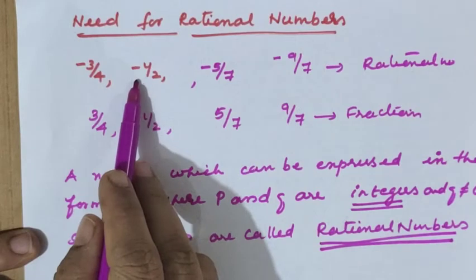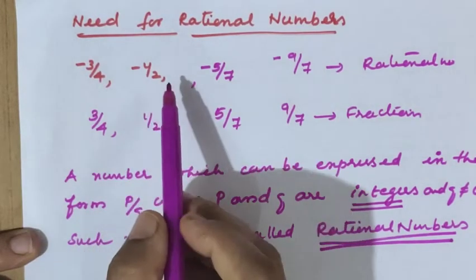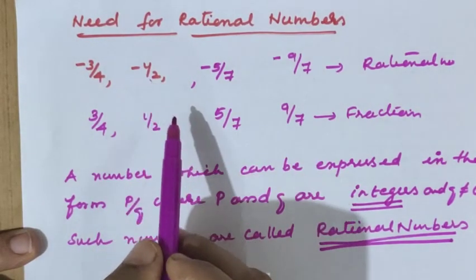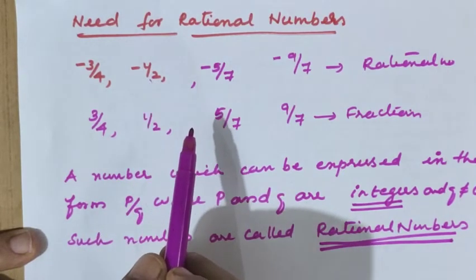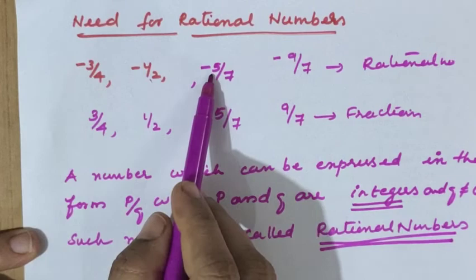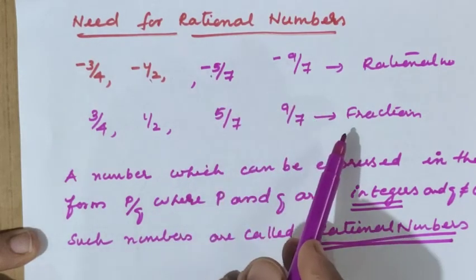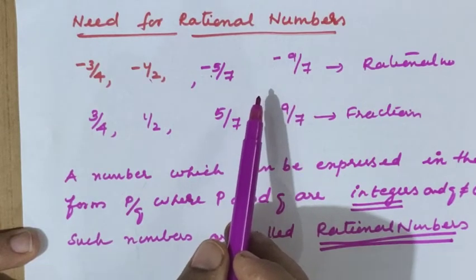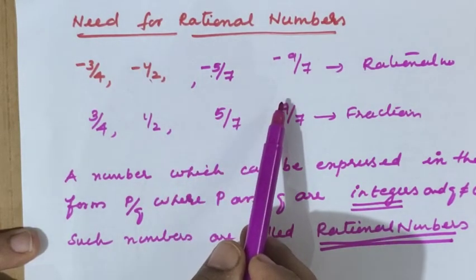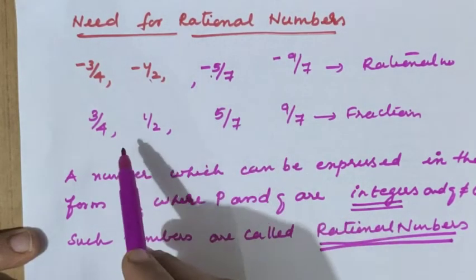Now if you consider minus 1 by 2, again minus 1 is in the numerator and 2 in the denominator. Minus 1 is an integer, 2 is also an integer. Similarly, minus 5 by 7 and minus 9 by 7. All these examples are expressed in the form P by Q, where P and Q are integers and Q not equal to 0.